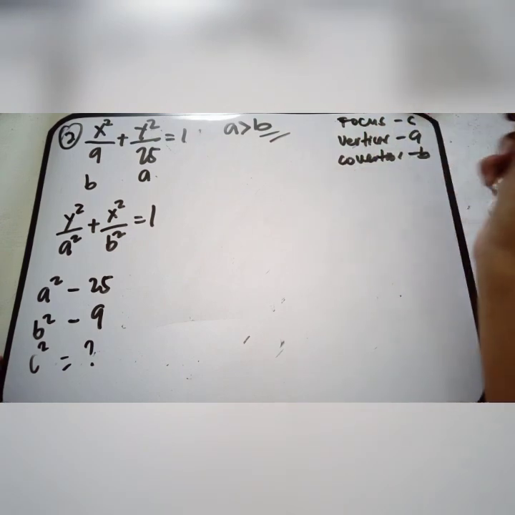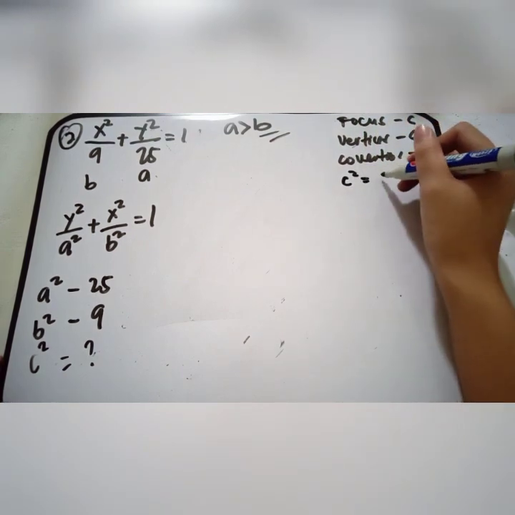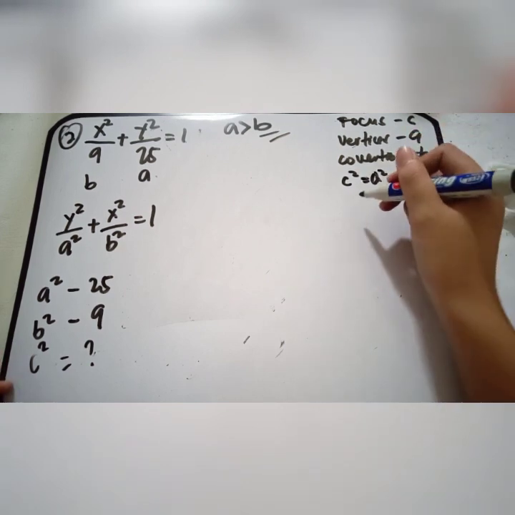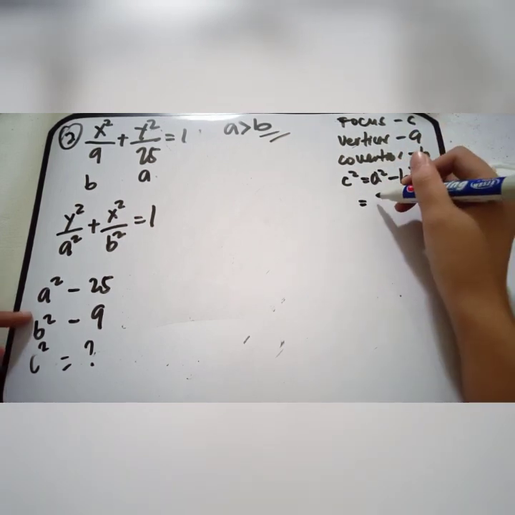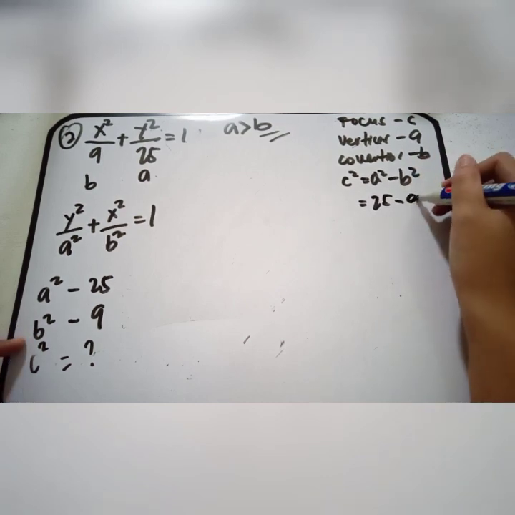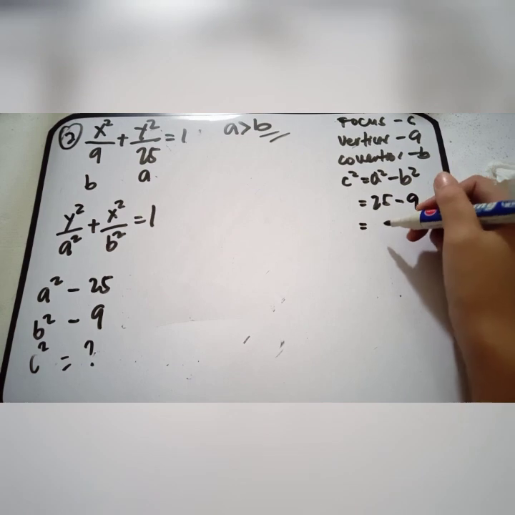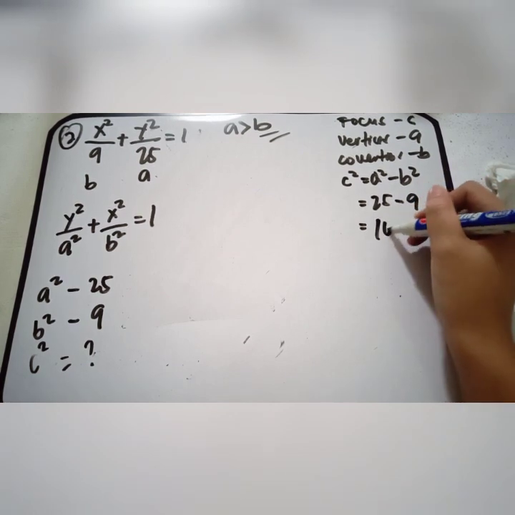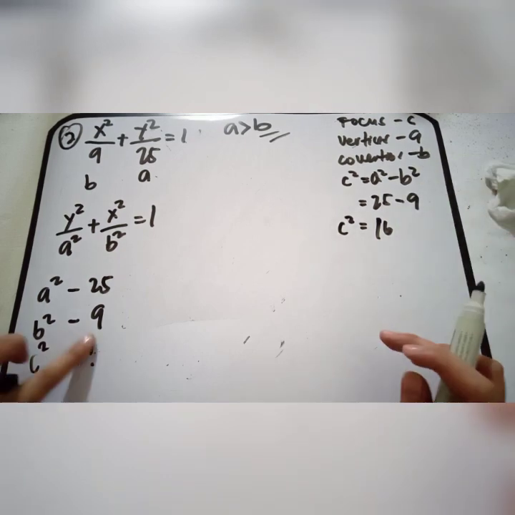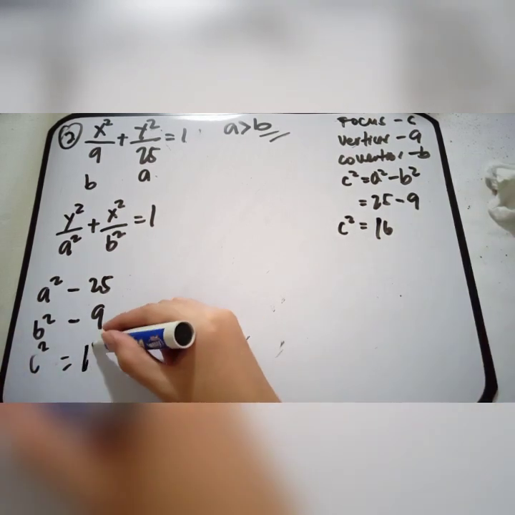Use the triangle inequality. C squared is equals to a squared minus b squared. So, substitute natin. What is the value of our a squared? It is 25 minus what is our b squared? It is 9. So, 25 minus 9 is equals to 16. So, c squared, to get the value of our c squared is 16.